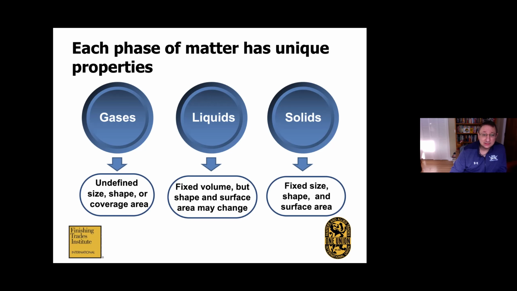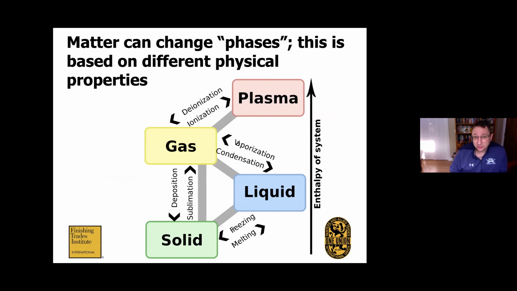And so this graphic is pretty important because matter can change phases, and that's going on constantly. And then we can affect that based on things that we can do in the environment. So gases are going to go between a liquid and a vapor phase and then back. We'll ignore plasma for now, but solids can sublimate, and we'll talk about what sublimation is in a little bit.